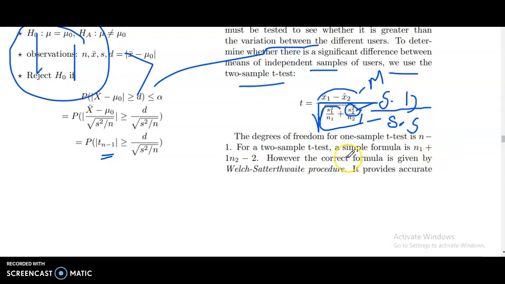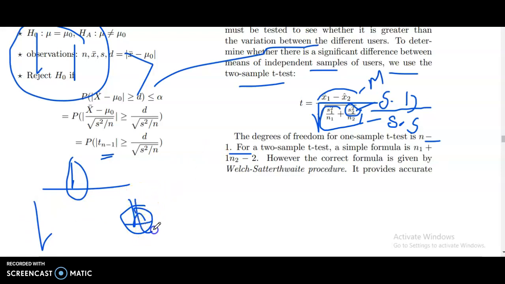The degrees of freedom for a one sample t-test is n minus 1. Out of the total n, we are deducting only 1.